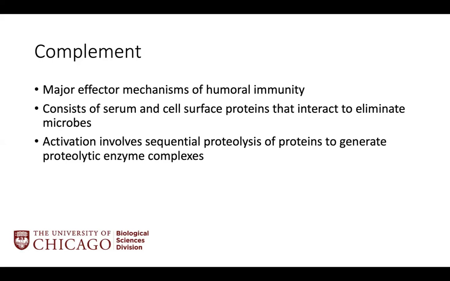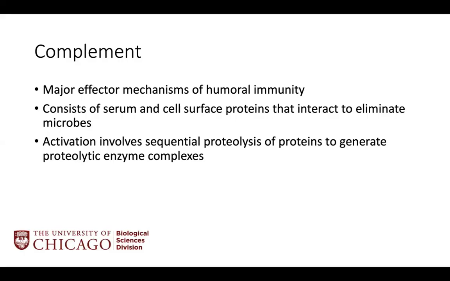Okay, so complement is a major effector of the humoral immunity. It consists of serum and cell surface proteins that interact to eliminate microbes in a cascading fashion. This cascade happens by activation of sequential proteolysis of different proteins to generate proteolytic enzyme complexes.